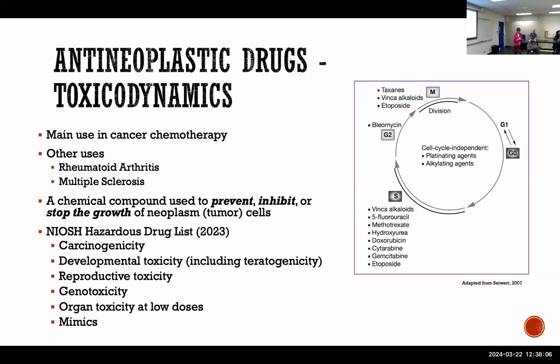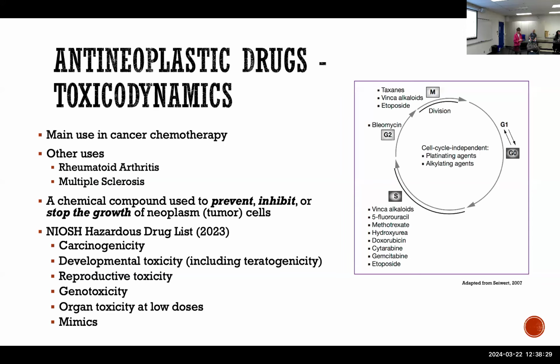Chemotherapy drugs are compounds that are designed to prevent, inhibit, or stop the growth of tumor cells. So there are quite a large range of drugs that are in use with different modes of action, broad range of chemical properties, and a range of toxicities.